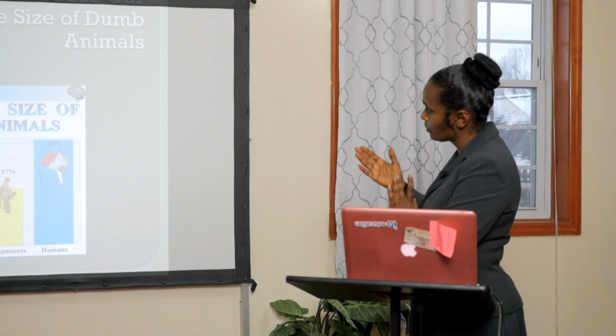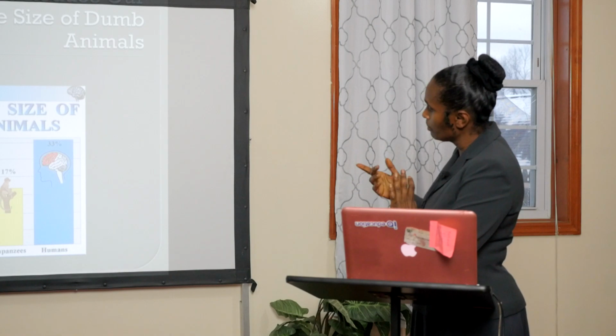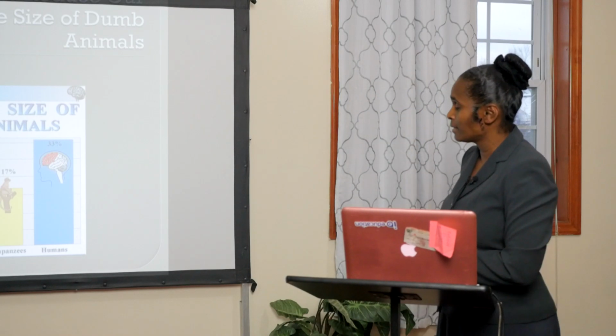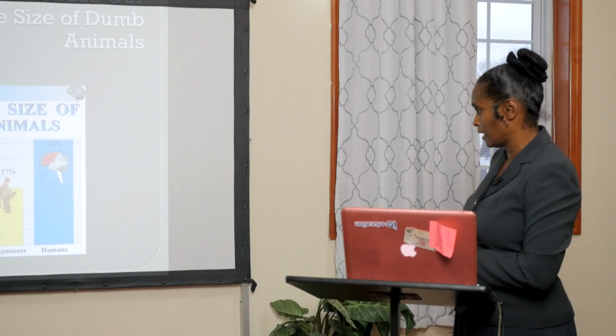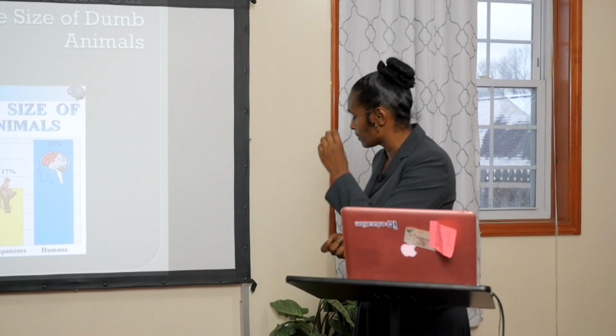The frontal lobe is 33% of the brain for humans. For a chimpanzee, it's 17%. For a dog, it's 7%. And for a cat, it's 3.5%. So it's 3.5% for cats.